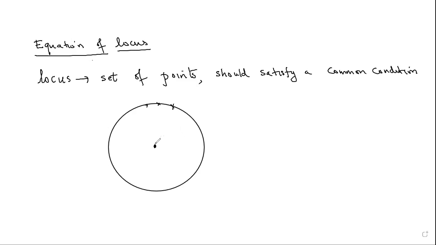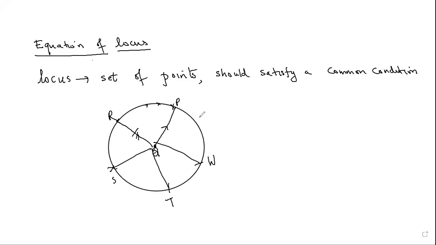What he said, every point will be equidistant from this center. You take any point P, it is equidistant from Q. Take R, take S, take T. Any point you take, all of them are equidistant from Q. So this set of points is called a locus.